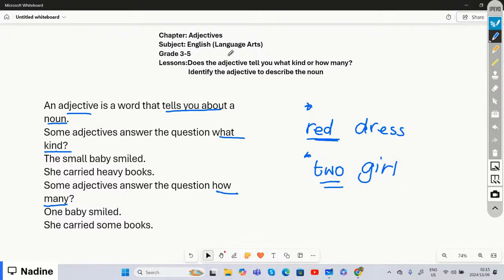All right. So we see that our adjectives tell us what kind and tell us how many.